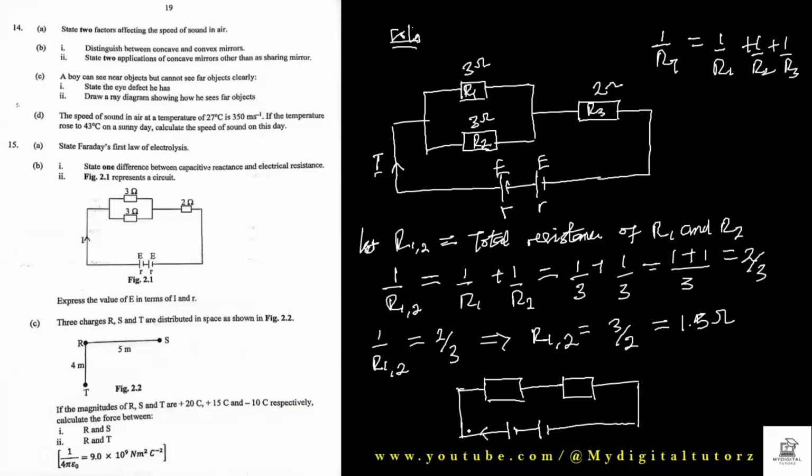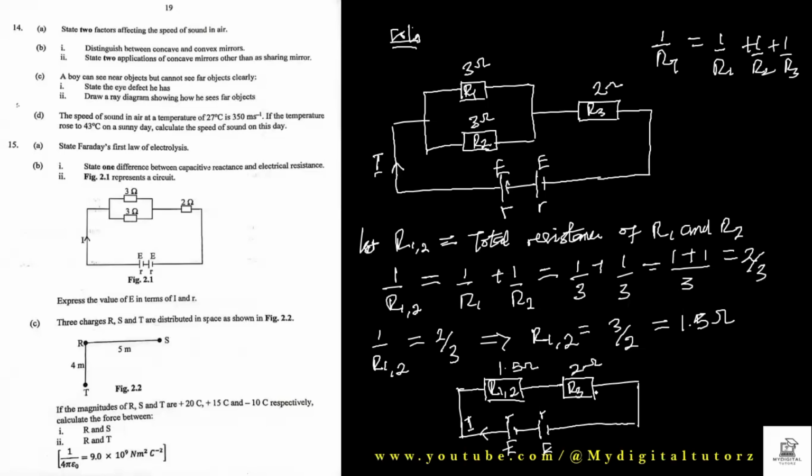Here is my I. Here is my E, another E. Here is R, here is R. Here is R1,2, here is R3. Here is 2 ohms. The value here now is 1.5 ohms. So I have something like this.